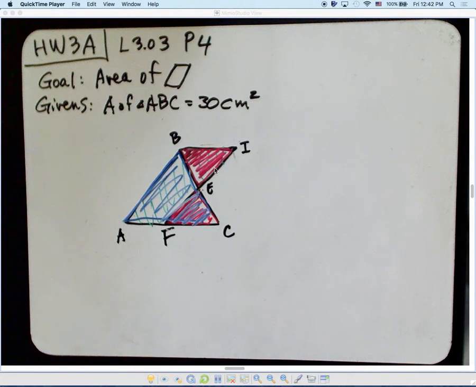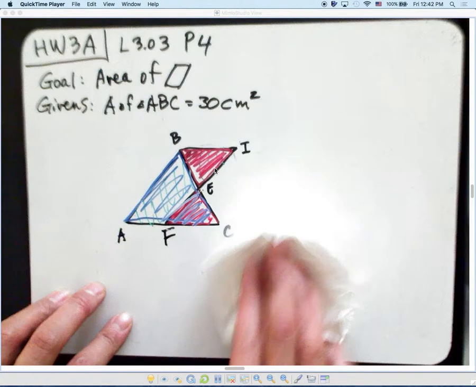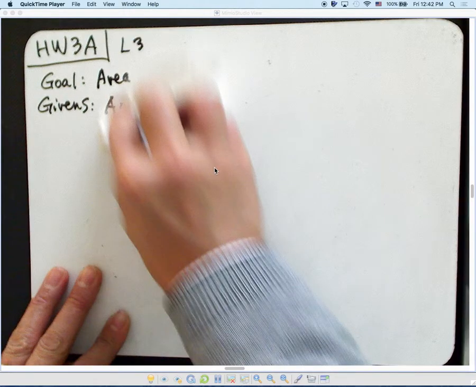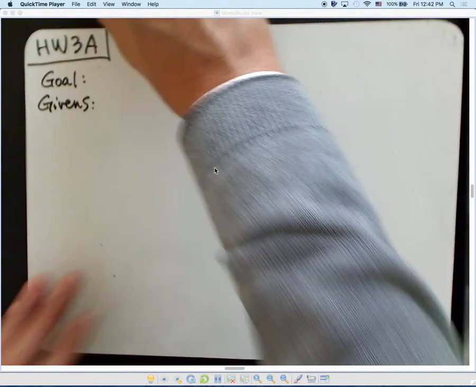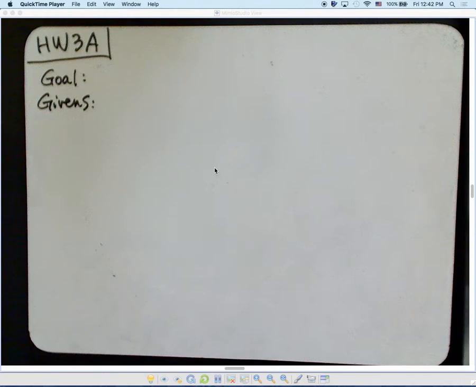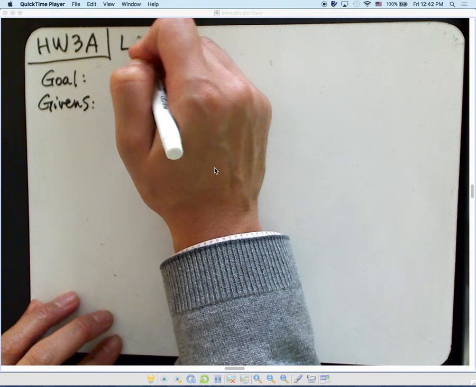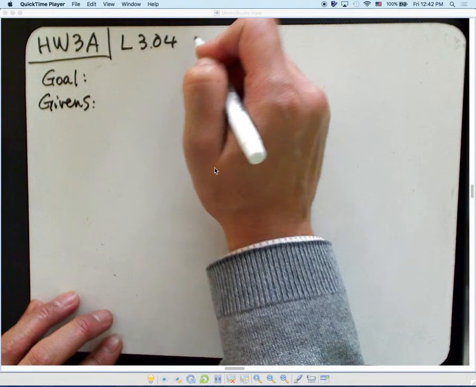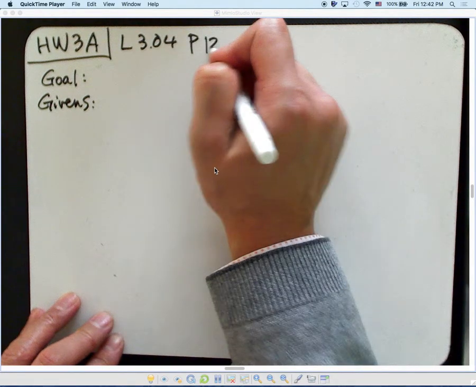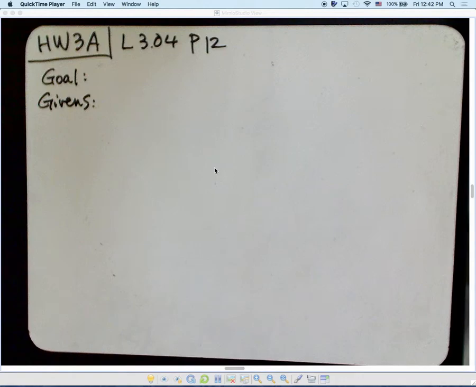Let's move on to page 4. Lesson 3.40, problem number 12. It says the diagram suggests Noriko's method for cutting a trapezoid into a triangle.